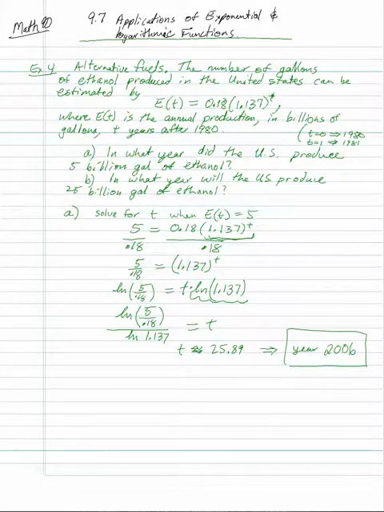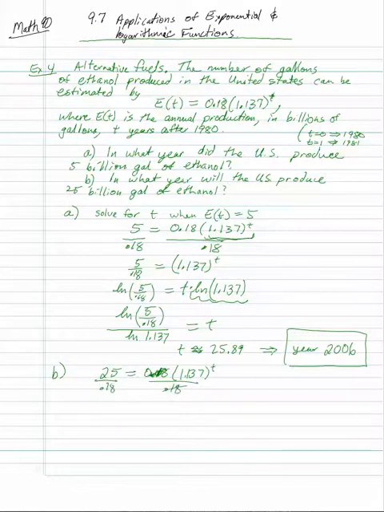Okay. All right, for B, what year was the U.S. producing 25 billion? Okay, so same thing. We want to solve for t, but we're going to have 25. Okay, we're going to follow the same steps. We're going to divide by 0.18.